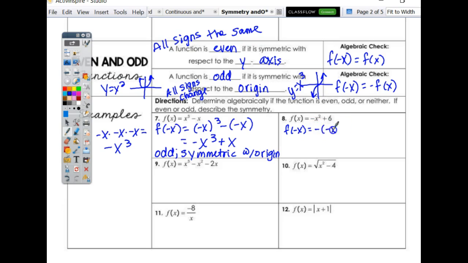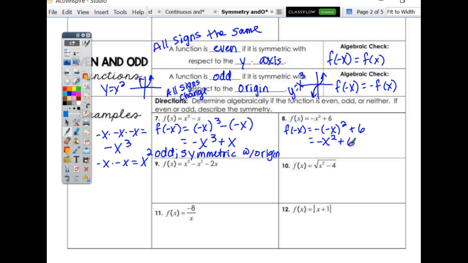Joseph. What's a negative x squared? Are you sure? You are correct. Because a negative times a negative makes it positive, and it's x squared. So I'm going to put x squared, but I have to keep the negative, and then plus 6. So we put the negative x in, right?